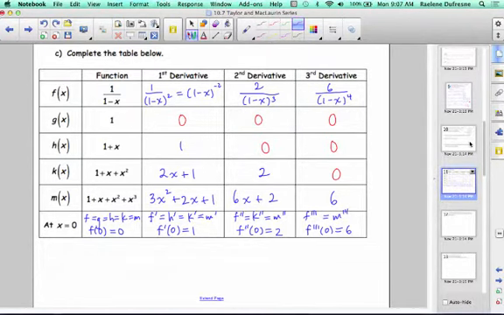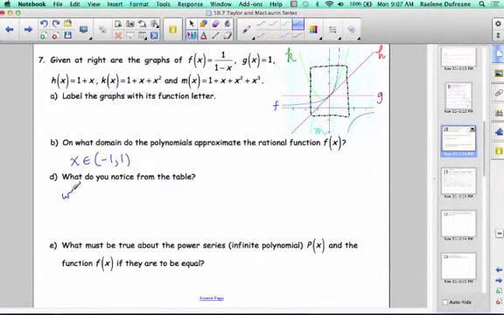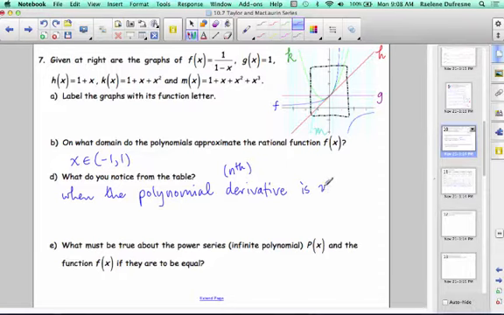So what we notice here is that when the polynomial derivative is non-zero, or not identically equal to 0, and we're talking about the higher derivatives, not just the first one, we have that the function derivative at 0 equals the polynomial derivative at 0.